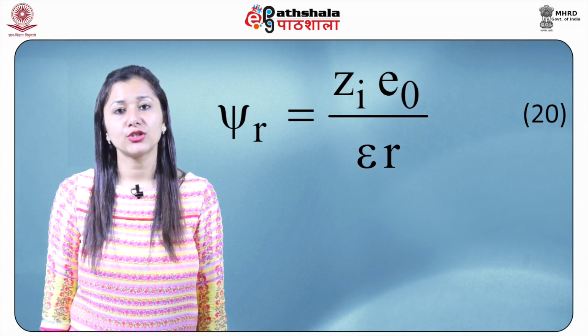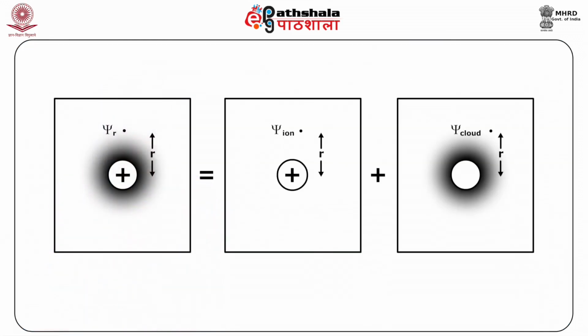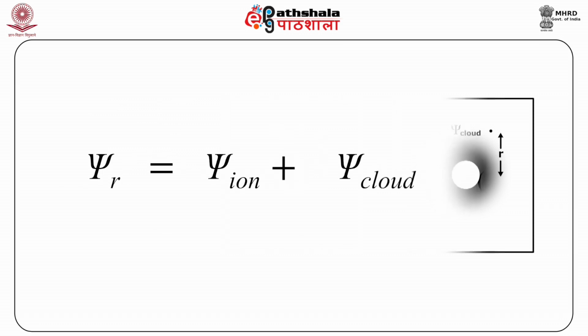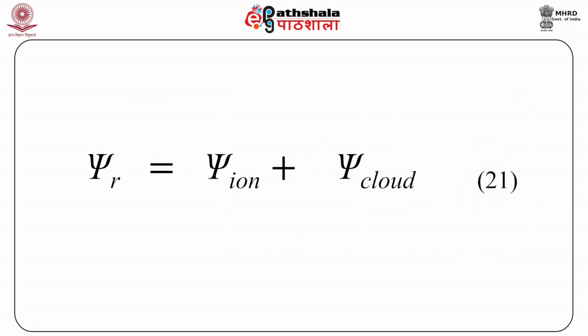This is our equation 20. Now, let the charge on the ionic cloud be switched on. Then, the potential psi(r) at the distance r from the central reference ion is not given by the central ion alone, but is given by the law of superposition of potential. That is, the potential at distance r from the central ion, psi(r), is the sum of the potential due to the central ion and that due to the ionic cloud.